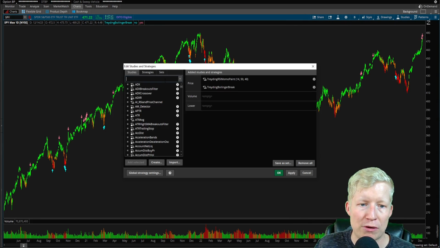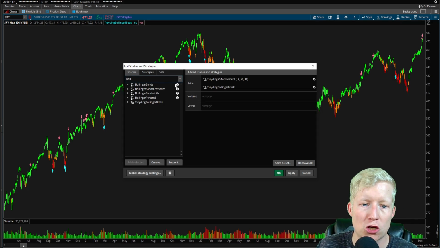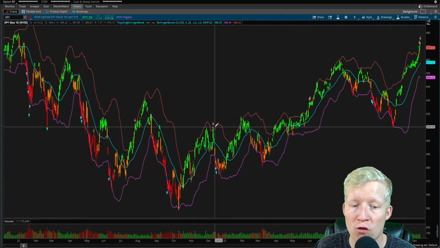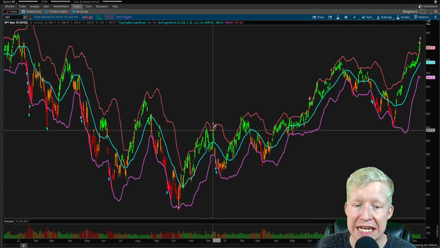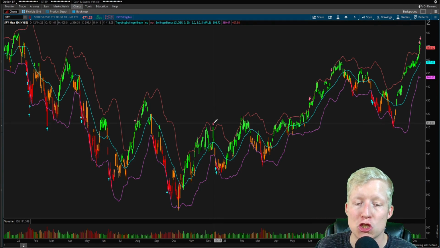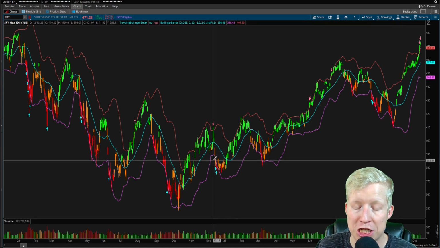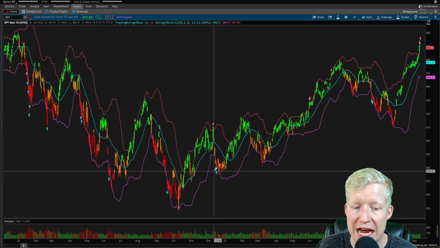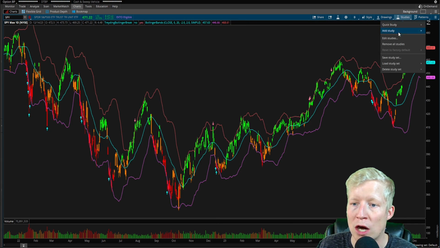So let's do this just for posterity's sake real quick. If I turn on Bollinger Band, just so you can see what I'm talking about, when it breaks over that upper Bollinger Band, hey, this thing is really stretched to the upside, you get that candle. When it breaks the Bollinger Band to the downside, hey, this thing is really stretched to the downside, you start to get these blue up candles, right?